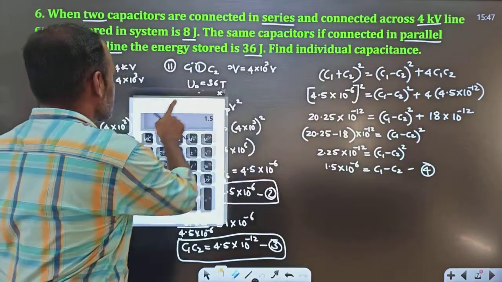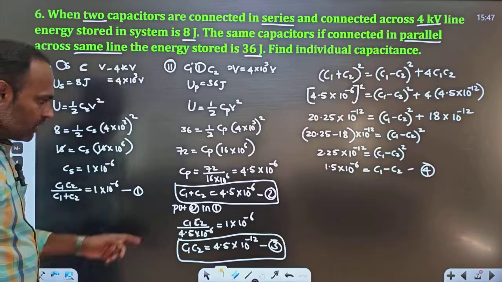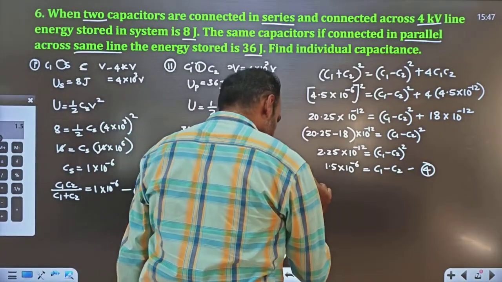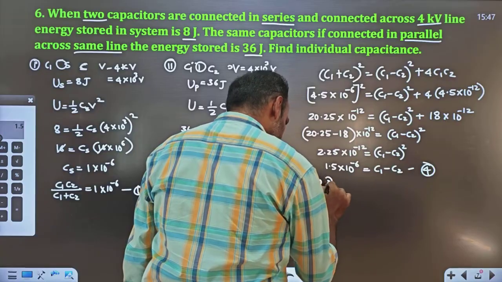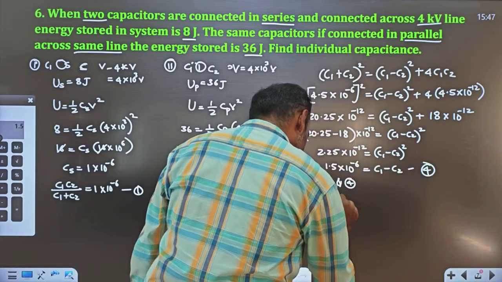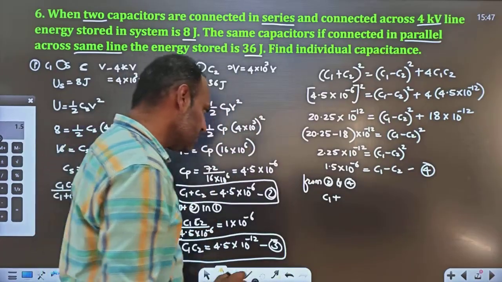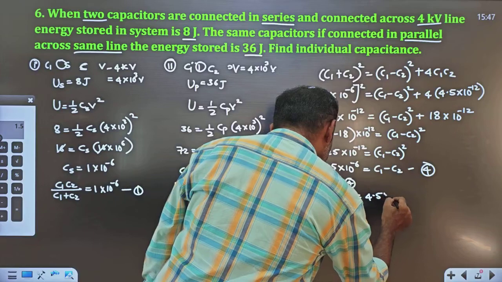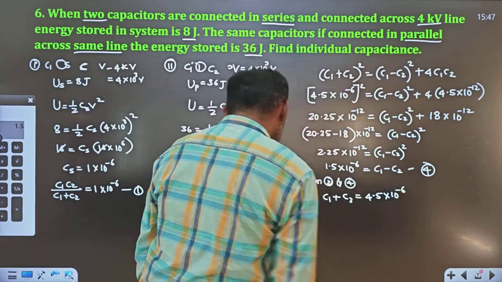Now what do you do? You solve equations 2 and 4. From equations 2 and 4, what will you get? Equation 2 is C1 plus C2 equal to 4.5 into 10 to the power minus 6.